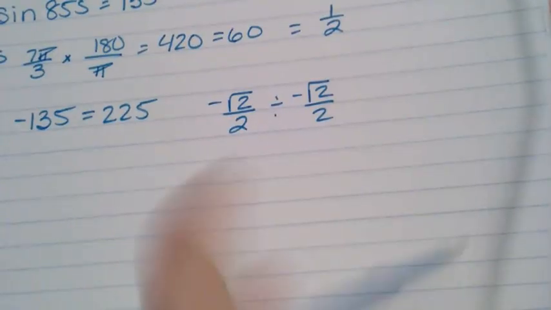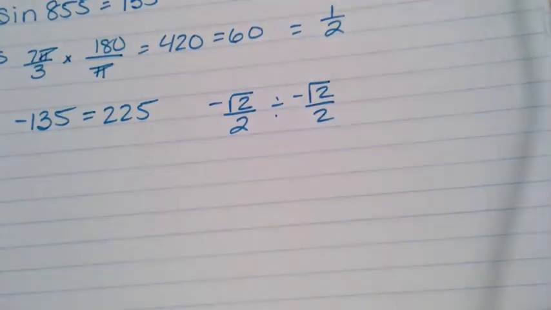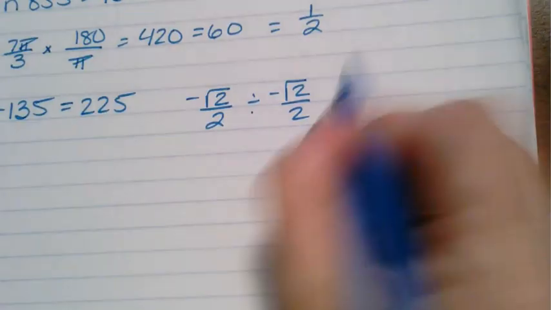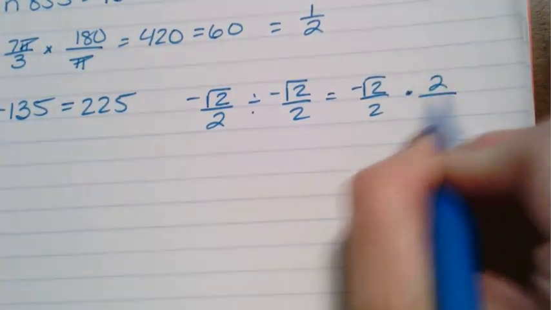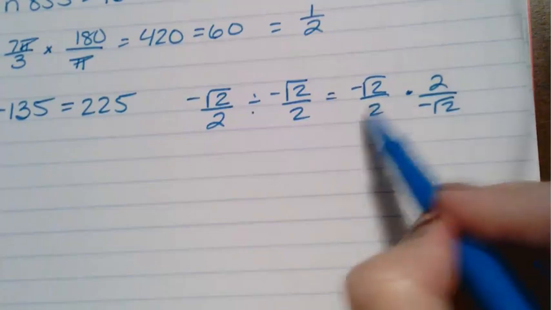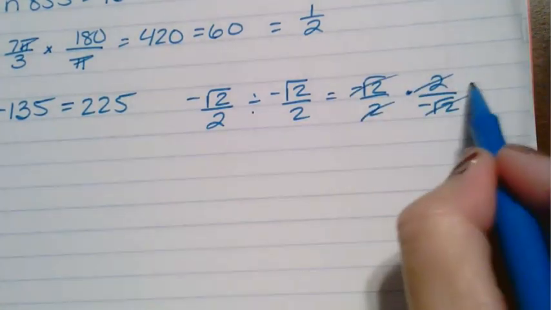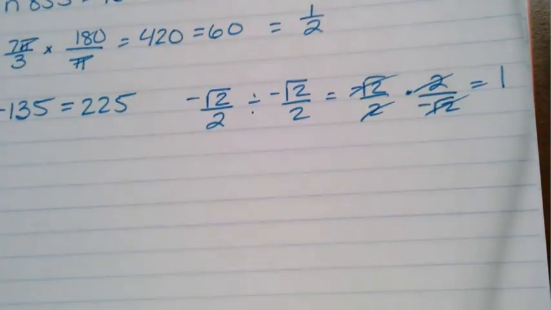If you see that this is 1 because I'm dividing by the same number, great. Let's say you don't see it and you're just going to keep, change, flip. When everything cancels out, remember it just equals 1.